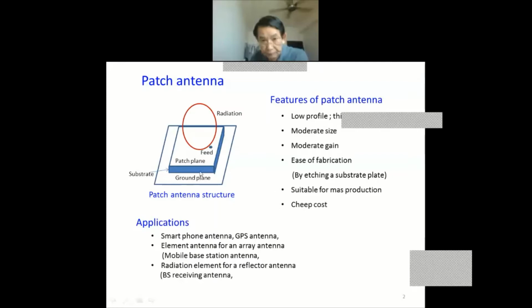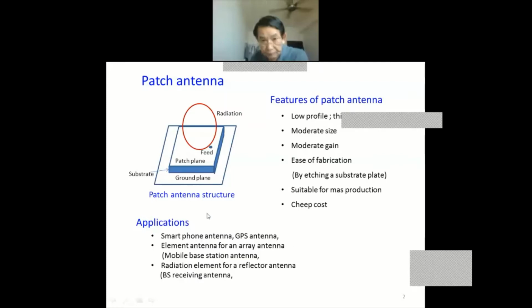So from these features, patch antenna is used in many applications. For example, smartphone antenna. In your smartphone, this type of antenna is equipped, and GPS antenna. And sometimes this is a patch antenna itself.